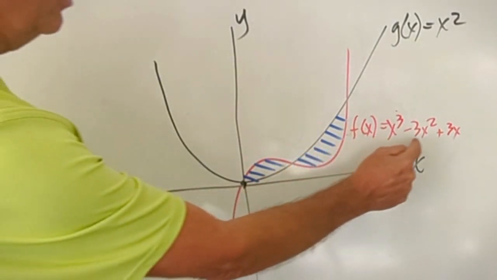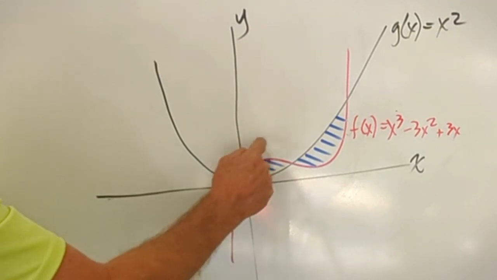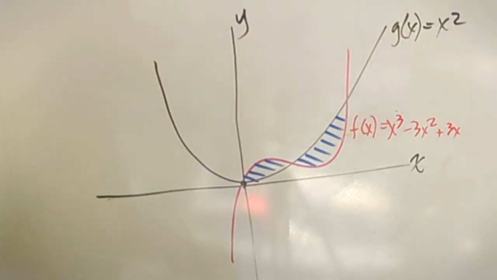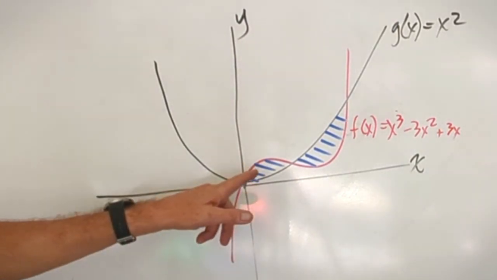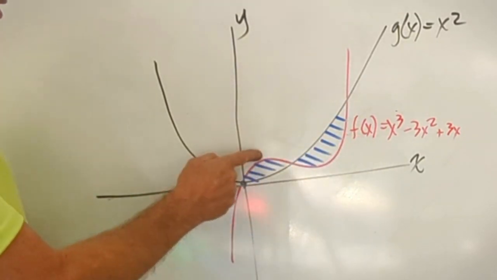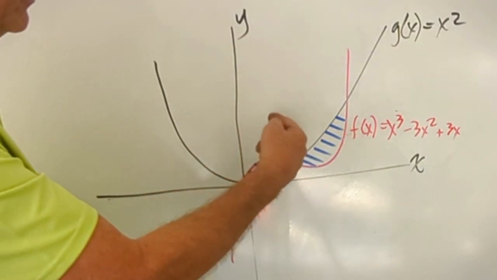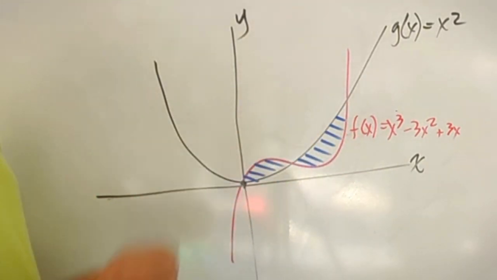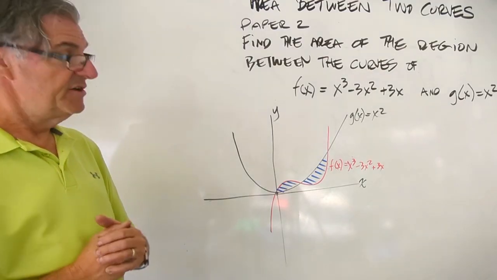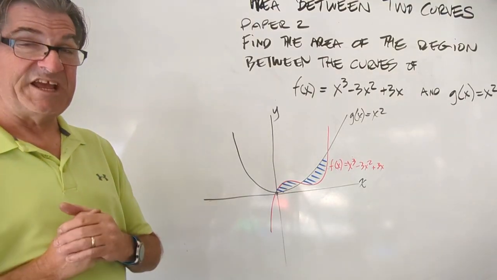And then here's my cubic function, which comes up, has a local max, comes down, has a local minimum, and then goes on up. So the interesting thing here is I've shaded my regions, and I have one region where f of x is the bigger function, and then I have a second region where g of x is the bigger function. So I'm going to need to do some things here to make sure I take the right integrals.